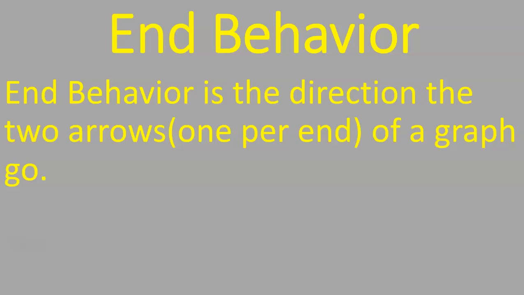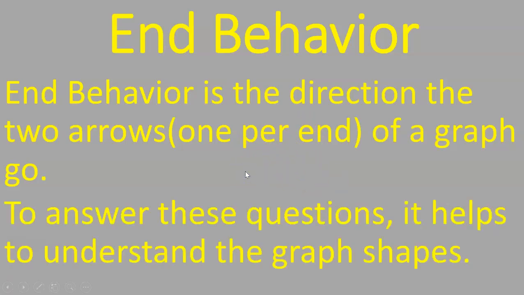Lines, parabolas, and exponential graphs will leave the screen and continue forever in a certain direction. It's just talking about which way it's going. And it certainly helps to understand some concepts of what graphs look like because you may not have a graphing utility available to you at all times.